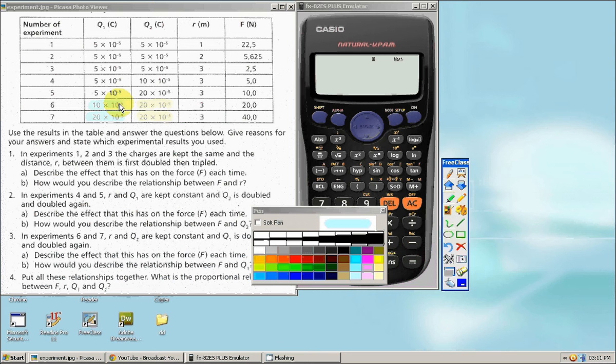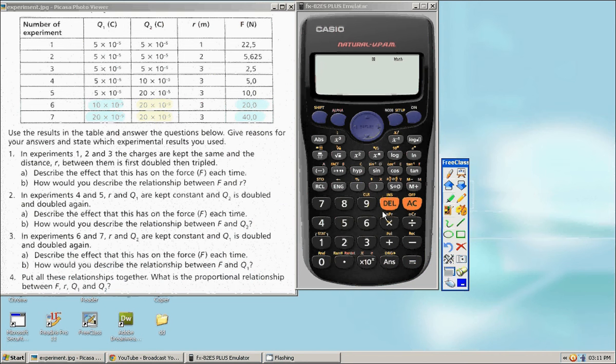Well, the force doubles and then doubles again. So the effect that it has on force each time is that it doubles each time. And how would you describe the relationship between F and Q1? It is directly proportional.